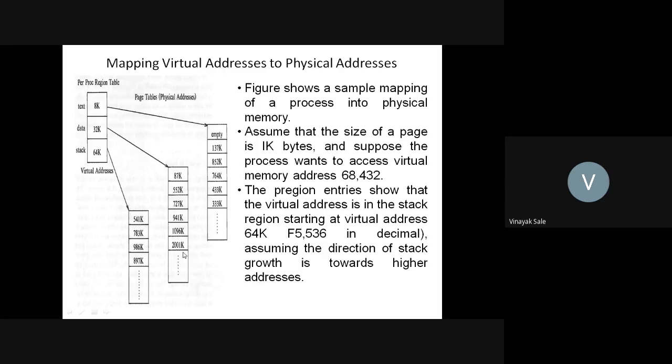The address for data goes from 32 KB towards 2000 KB, whereas the address of the stack starts at 64 KB and grows towards more than 1000 KB.